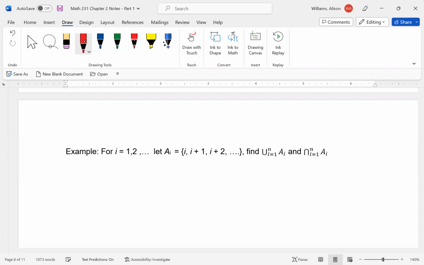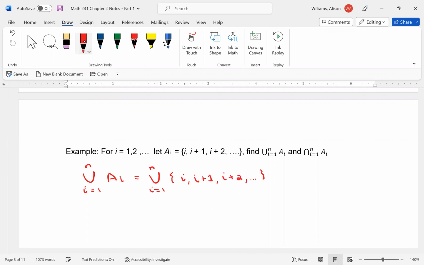So if I wanted to find the union for all of these sets where i goes from 1 to n, that's what they're asking me to find. That means I'm finding the union from 1 to n of this set: i, i plus 1, i plus 2, and it keeps going forever.